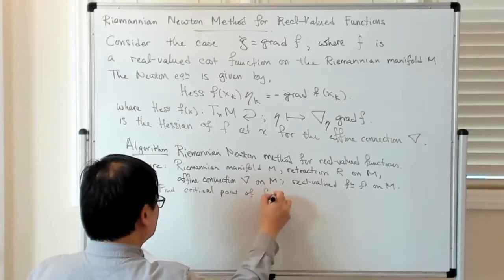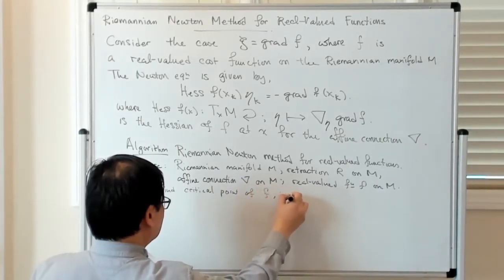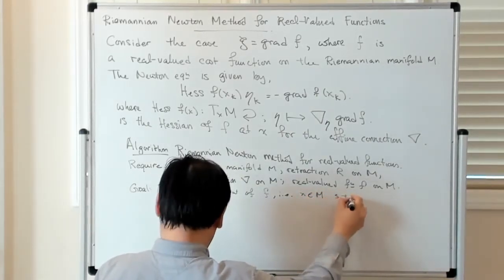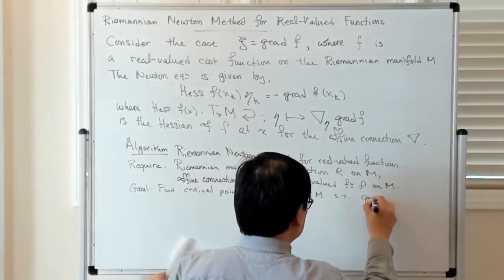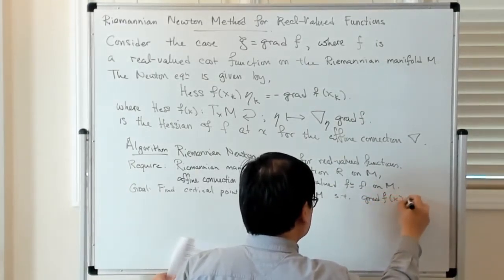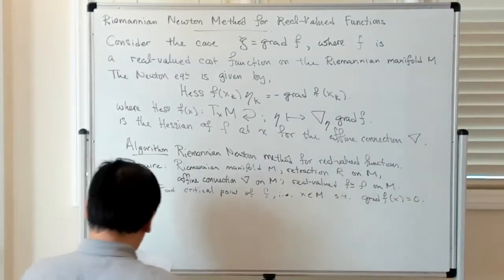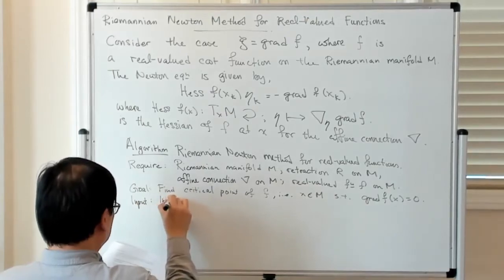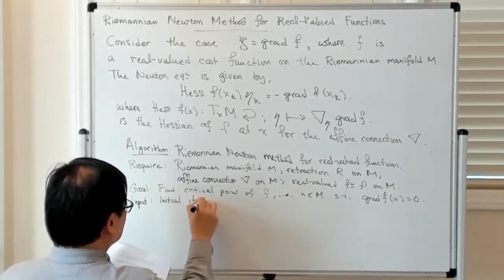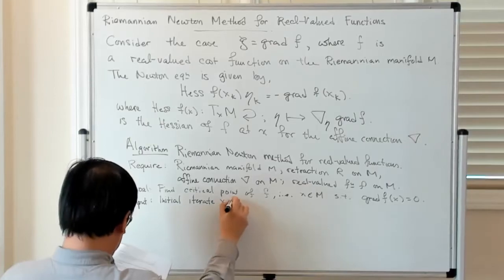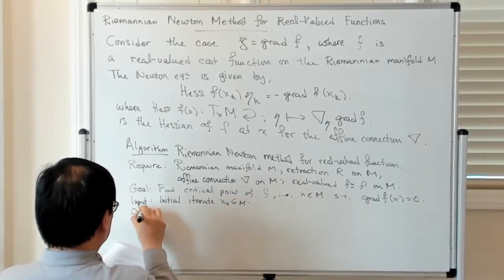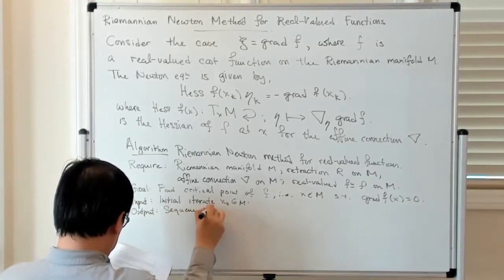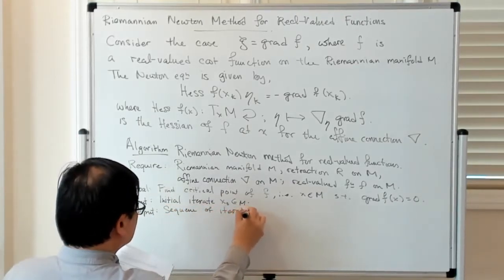Okay, and then the goal is to find a critical point of f, right? So that's basically some point x on M such that gradient of f at that point x is equal to 0. Okay, and then the input is again your initial iterate, x0 in M, and then the output is a sequence of iterates xk.